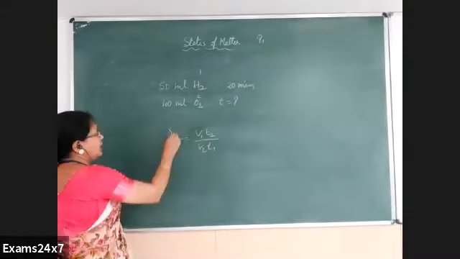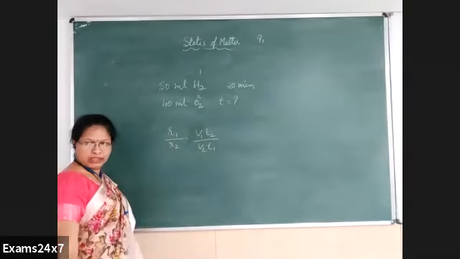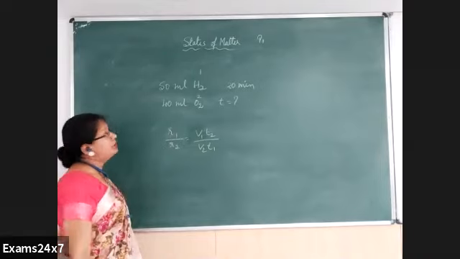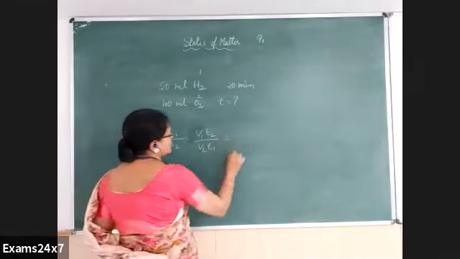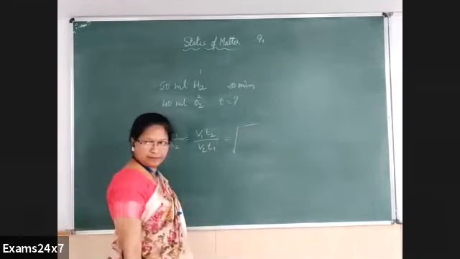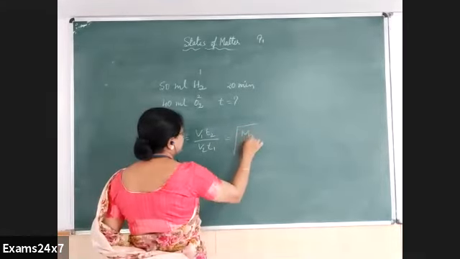But R1 and R2 values are not known. Rate of diffusion is not given. But they have mentioned hydrogen and oxygen. Hence, we can say R1 by R2 equals square root of M2 by M1.